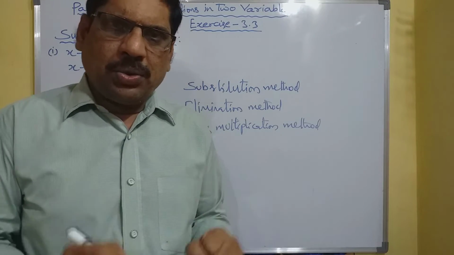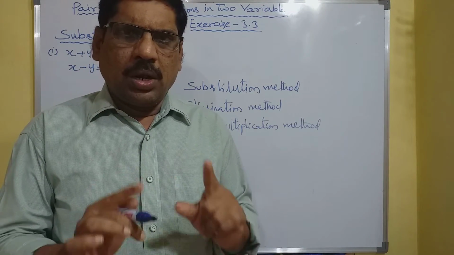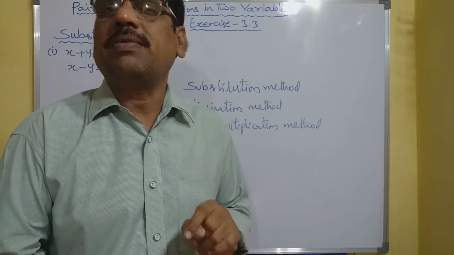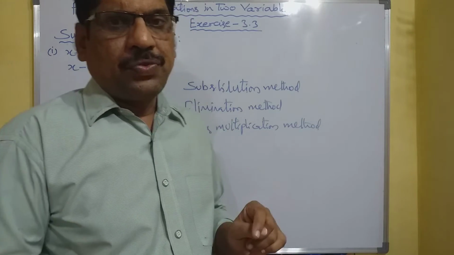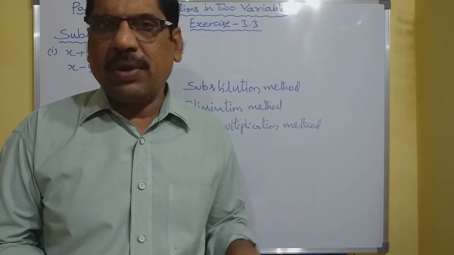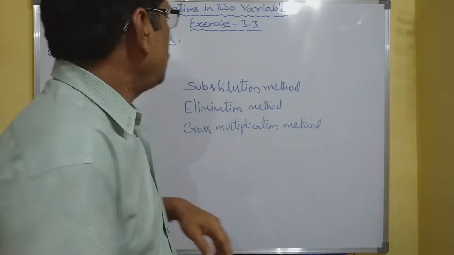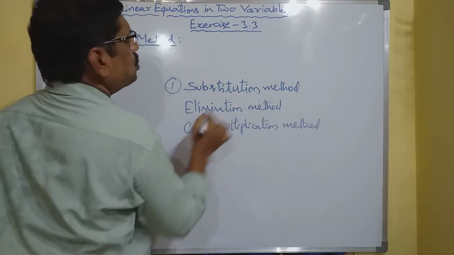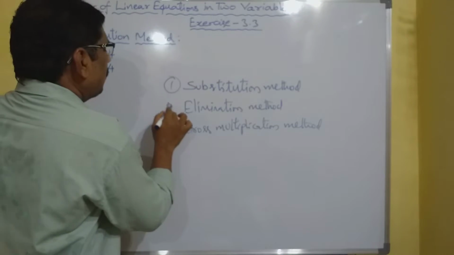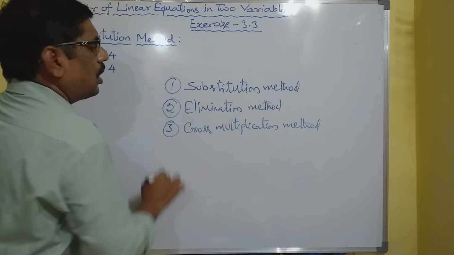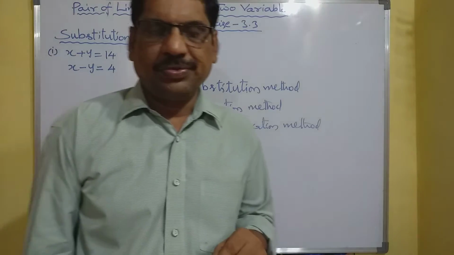Today, we are going to learn one method to solve the given pair of linear equations. Actually, we have three different methods to solve any pair of linear equations. They are the substitution method, the first one, the elimination method, the second one, and the cross multiplication method, the third one.